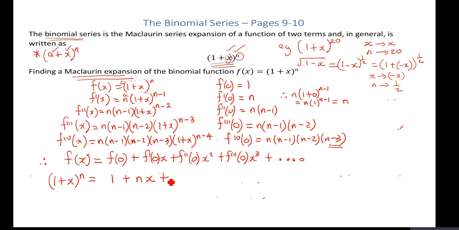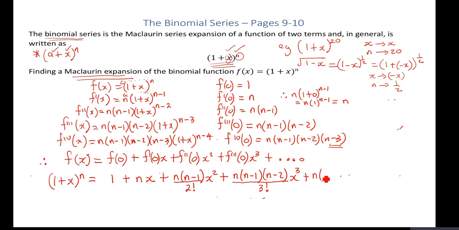What's the second derivative at 0? n times n minus 1 over 2 factorial, x squared. Third derivative, n, n minus 1, n minus 2. So if it's a third derivative, we stop at n minus 2, but it's the third derivative, so it's 3 factorial. And what's the power? x cubed.